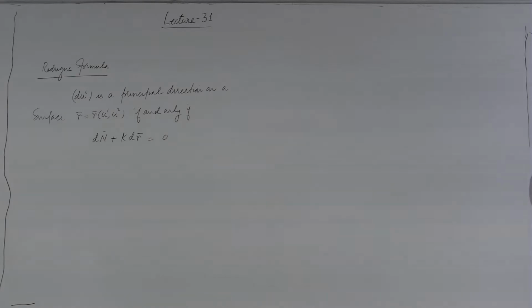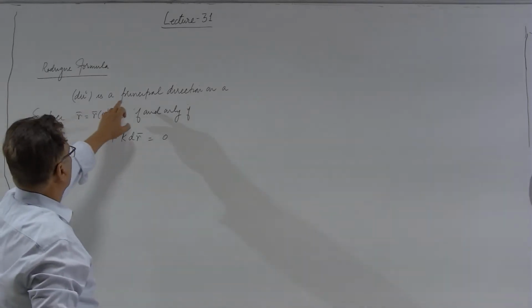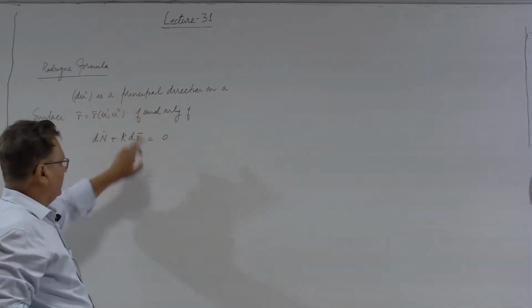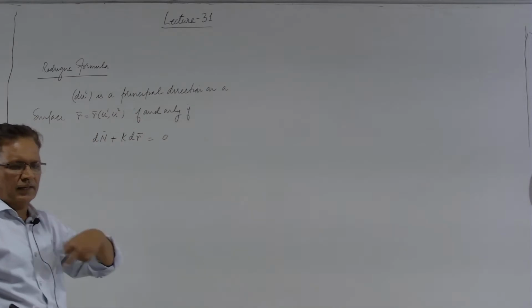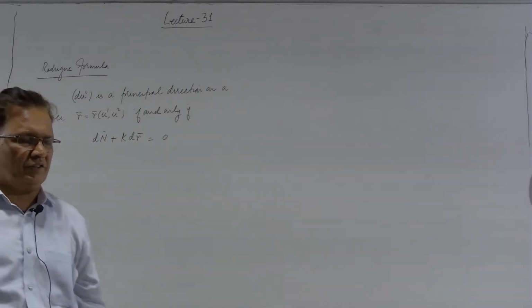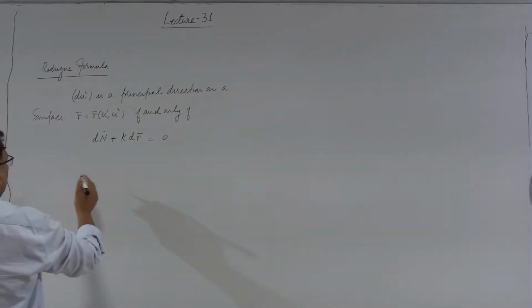In this case, this k is the principal curvature along this principal direction. If you have a normal curvature along the principal direction, then this is the principal curvature. So, in this formula k is the principal curvature. This formula is known as Rodrigue formula.